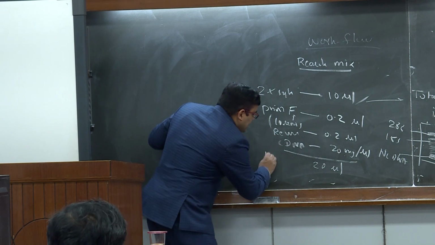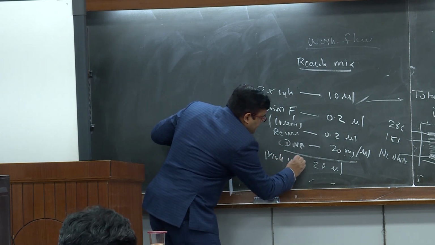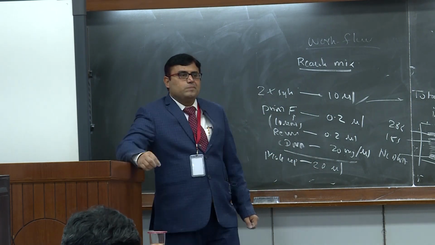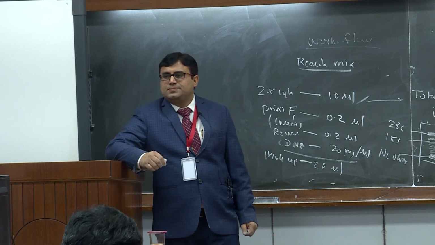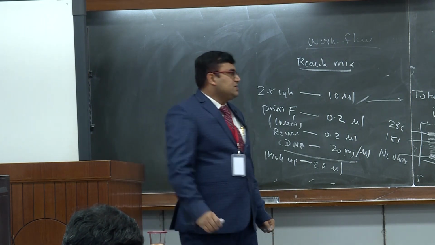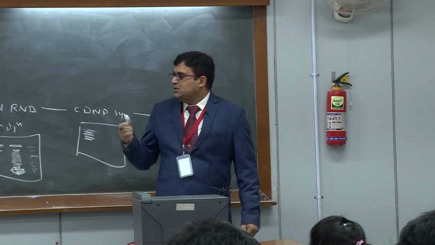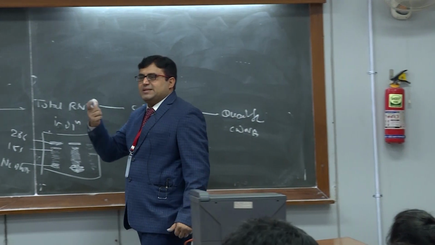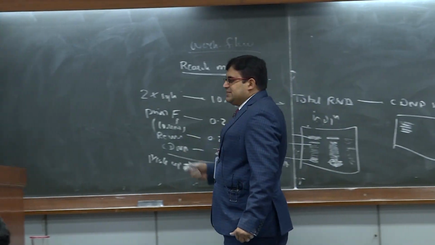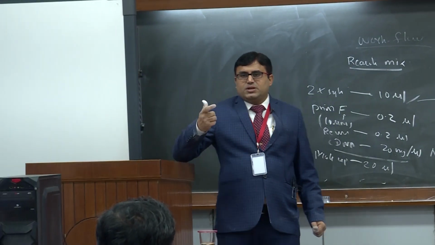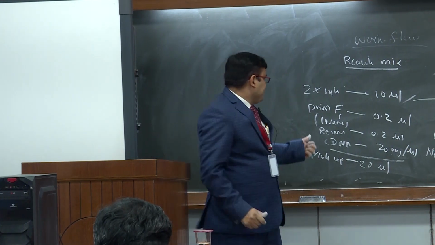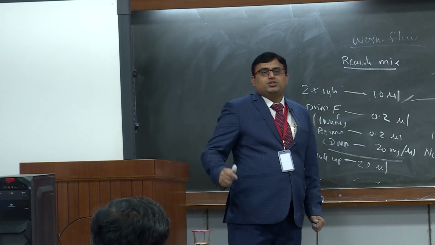Then you have to make up the volume to 20 microliter. Let me repeat once. For the reaction mixture, 2x SYBR you have to take 10 microliter. Forward primer, which you have designed and synthesized, this is basically in 10 micromolar formulation, you have to take 0.2 microliter. Reverse, again you have to take 0.2 microliter.